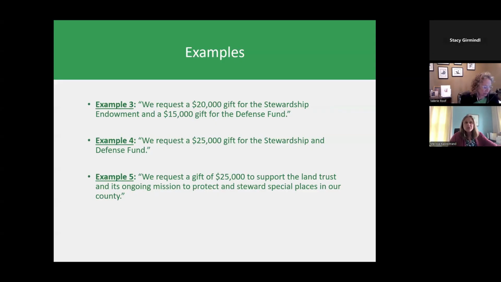Here, there's no property specific requirements, but we'd say, okay, they're using a stewardship endowment and a legal defense fund. So we'd expect them to have two accounting pools of money. The stewardship fund would be with donor restrictions that are perpetual. And the defense fund, because it's not described as an endowment, would be a time and purpose restriction.